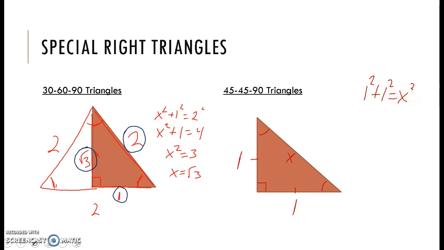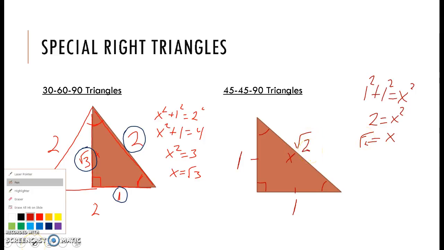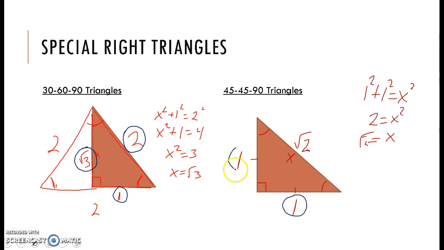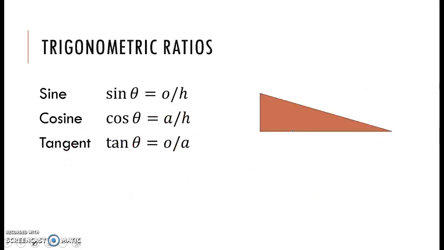Well, 1 squared plus 1 squared is 2, so 2 is equal to x squared, which means x is the square root of 2. So that means this side here is the square root of 2. So that means that the lengths of the sides of a 45, 45, 90 triangle are 1, 1, and the square root of 2. Those are things that you're going to want to remember as we go throughout this unit.